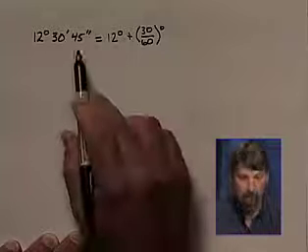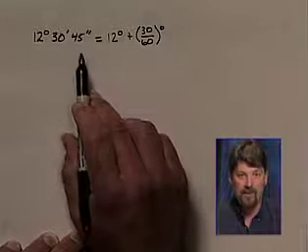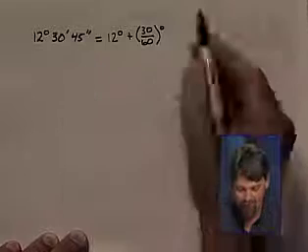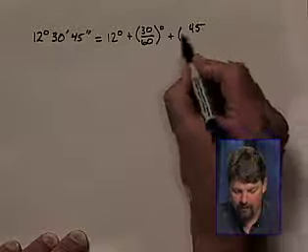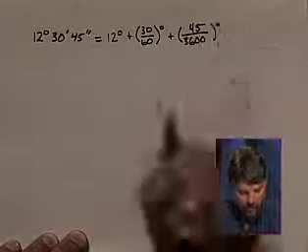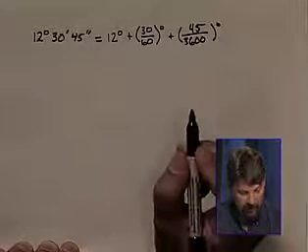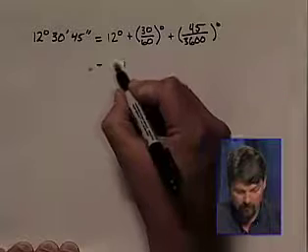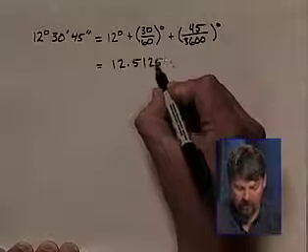And 45 seconds is 45 over 3,600 degrees. And if I work this out on my calculator, I end up with 12.5125 degrees.